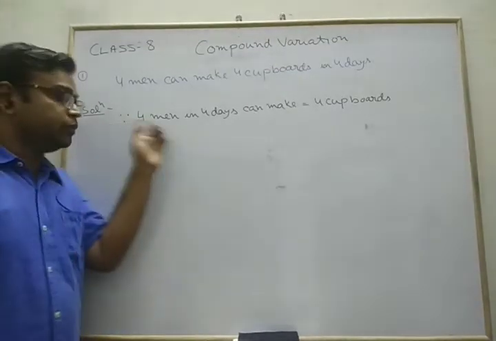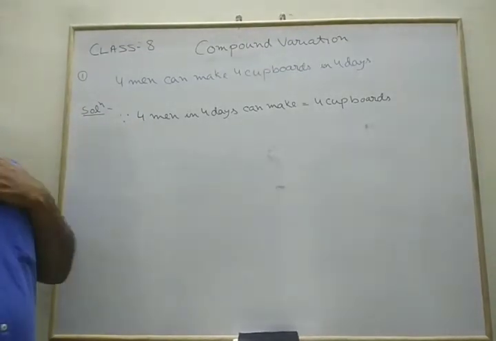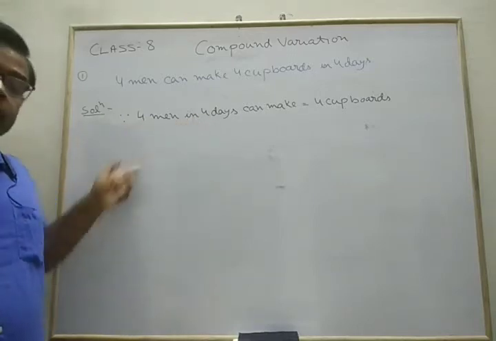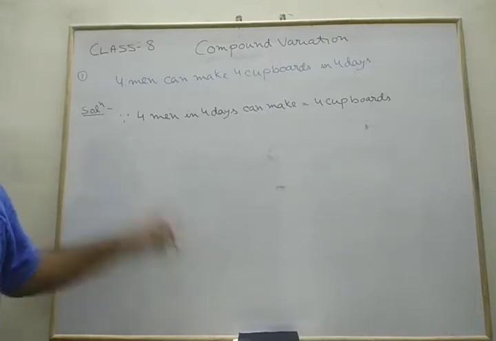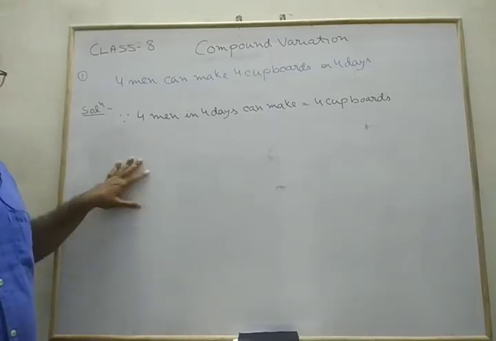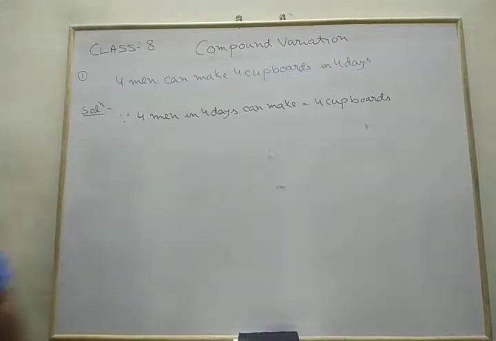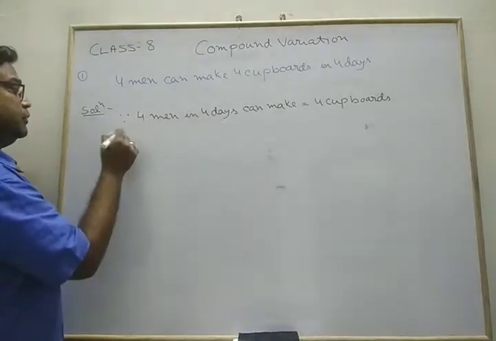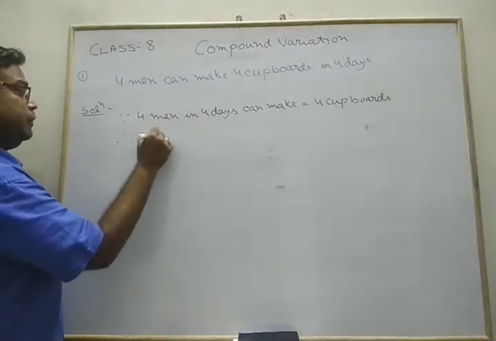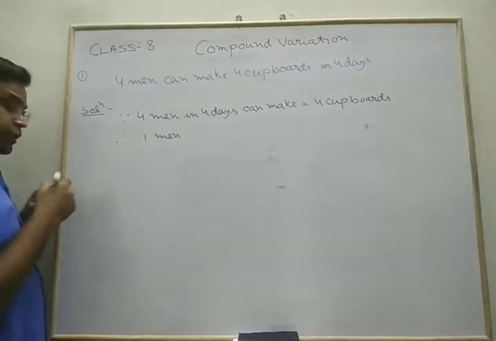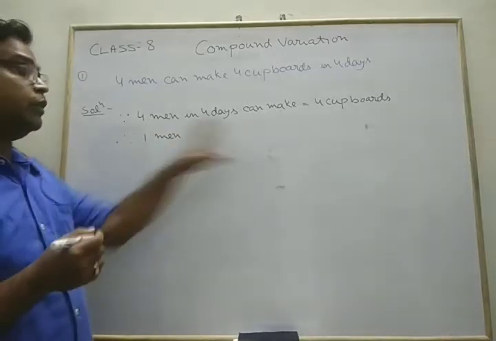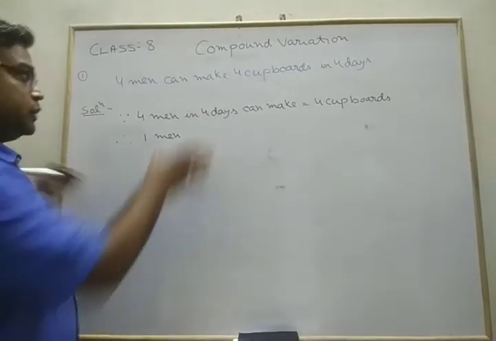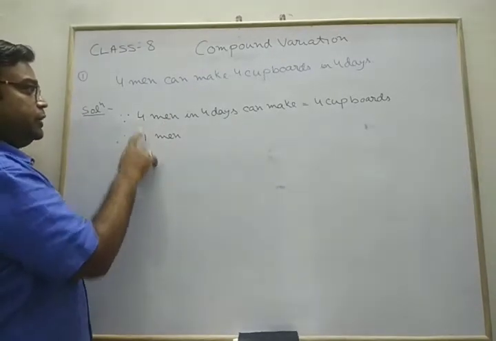Now we are going to start from this line. It is a unitary method. So first we convert all the given terms into one, then the required format. This is a very lengthy one, so pay attention to each step very carefully. Therefore, if 4 men make, therefore 1 man. Step by step we are going to keep one part constant. So 4 men in 4 days can make 4 cupboards. Suppose this is constant. We are decreasing the number of men.